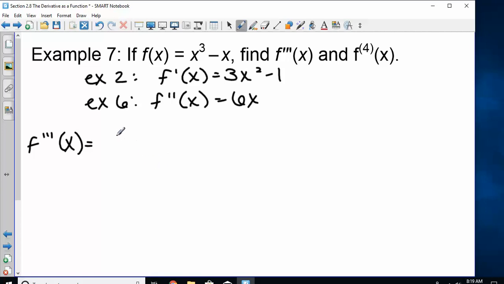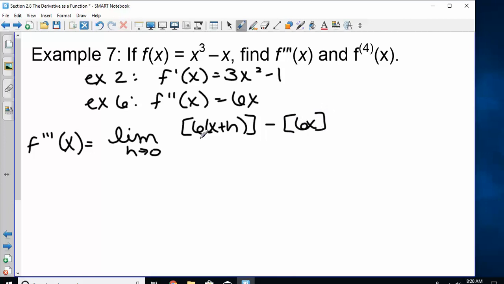So it is the limit, h approaches 0, of f of x plus h. You are doing the derivative of f double prime, so that's what we're plugging it into. So 6 times x plus h, minus f of x, which is just your 6x, all over h.